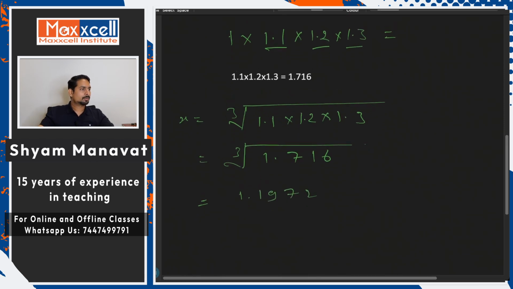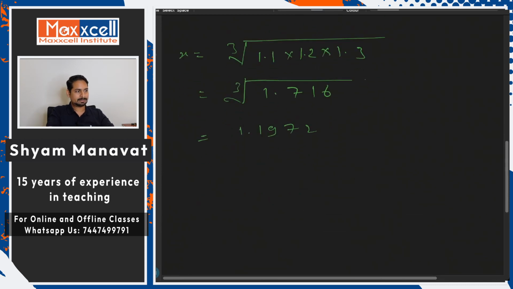Now to get the average percentage increase, what do we do? We take this x minus 1 and multiply by 100. If you take out 1, the remaining value is 0.1972, multiply by 100, and you get 19.72 percent.